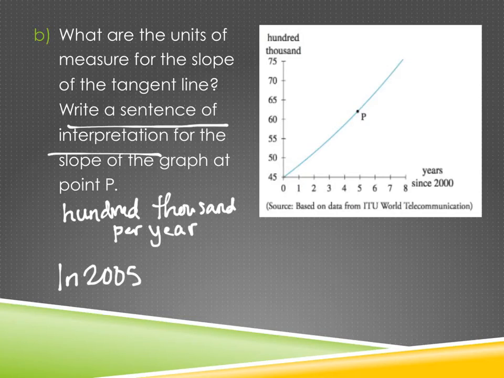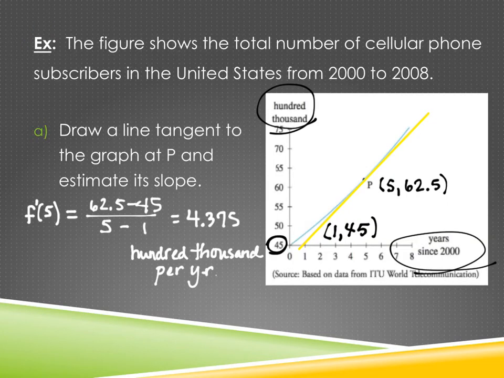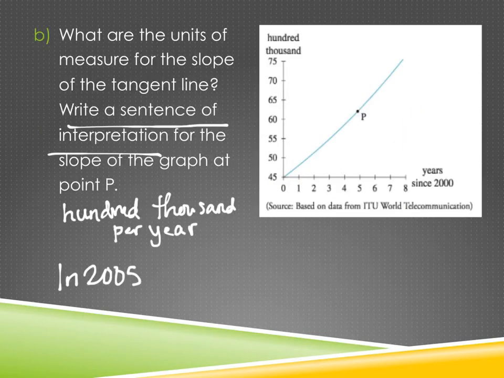This is like the party invitations: who, what, when, where, why, and how kind of stuff, right? When, and then what? What's changing? What did it say over here? Yeah, the cell phone subscribers in the United States, right? So that's what we're going to write down.